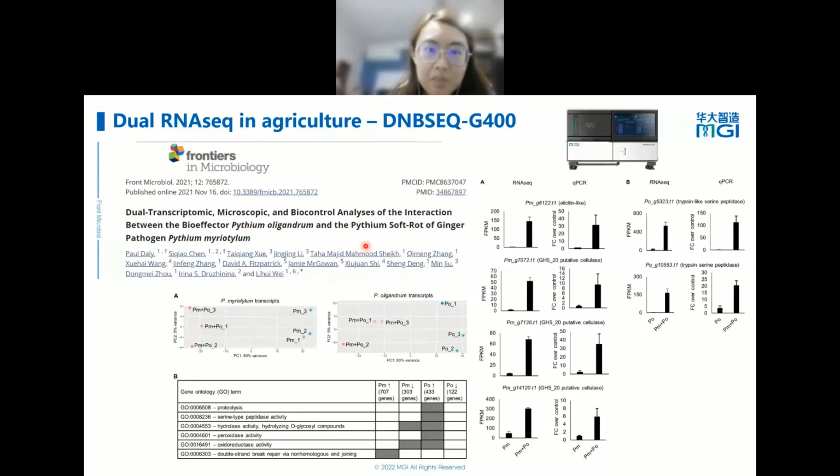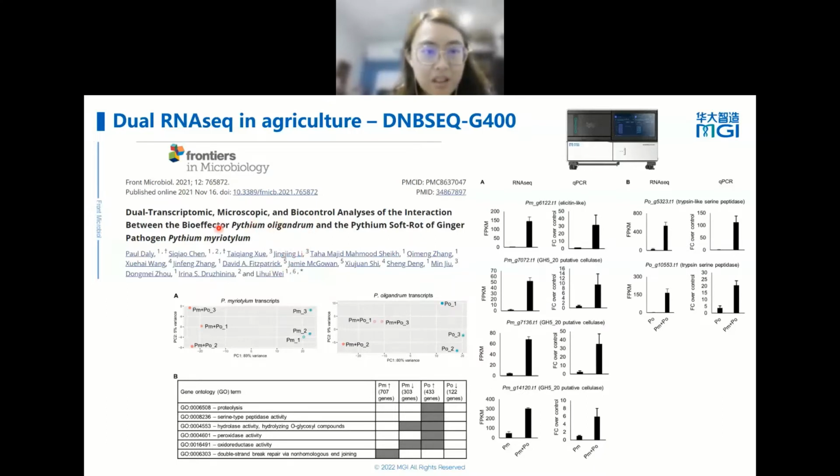This paper is an example of the interaction between a bioeffector and the pathogen of the ginger plant. In their experiments, this bioeffector can inhibit the growth of the pathogen, but they were not sure how it works on the molecular or biological level.